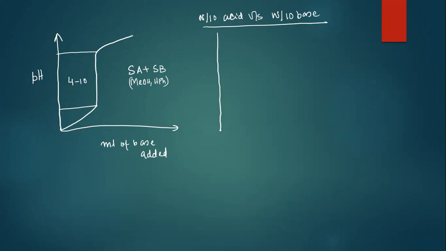Next, pH versus milliliters of base. We are talking about weak acid and strong base now. If it is a weak acid, the pH is definitely not going to start from a very low point. It may start from about 2, but definitely it won't start from 2, because a weak acid has a higher pH.